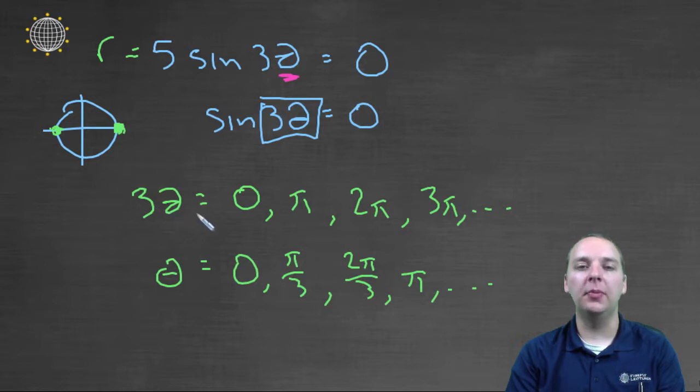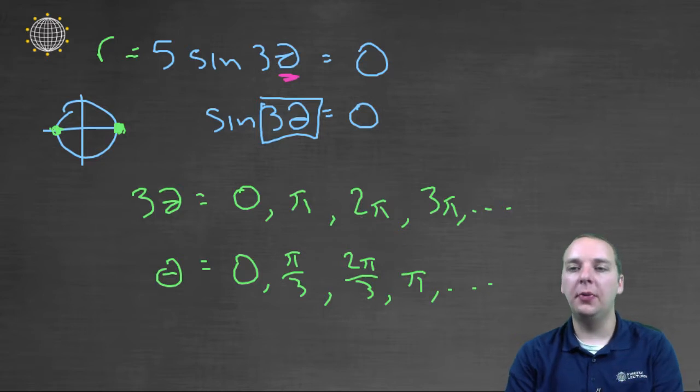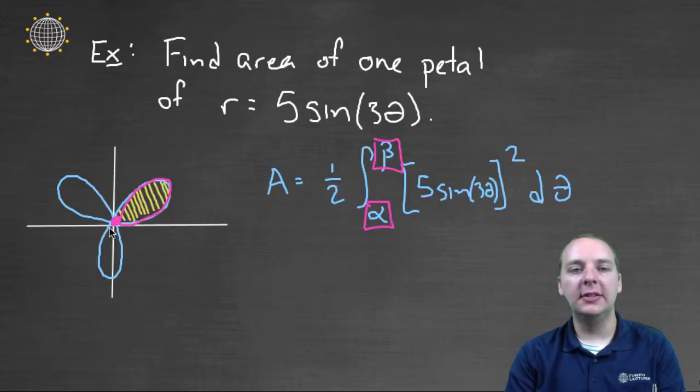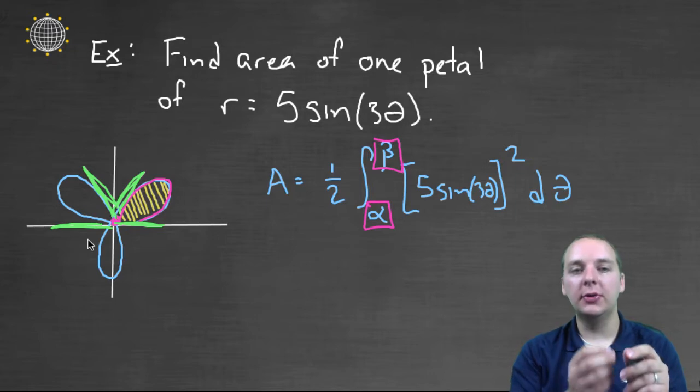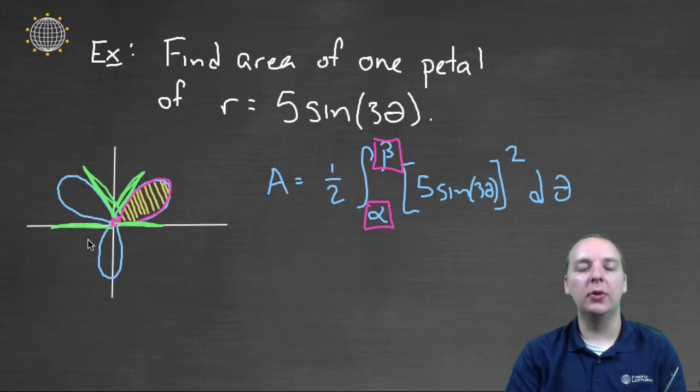When you triple them, you get 0, pi, 2 pi, 3 pi, and the sine of all those is 0. Sure enough, if we look at the graph, look at 0, pi over 3, 2 pi over 3, and pi, those are the places where it comes back to the origin.